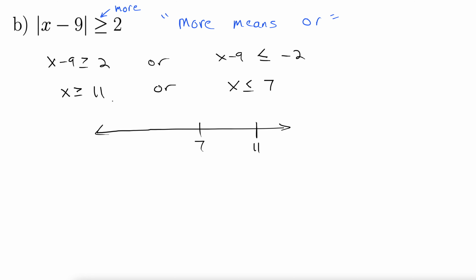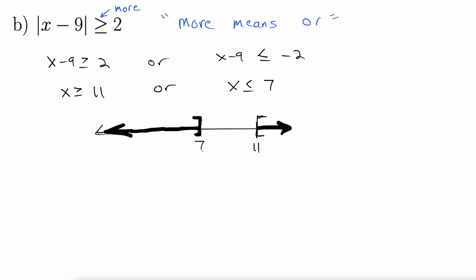It's greater than or equal to 11, so I'm going to start here with my bracket and go off to the right. And then less than or equal to 7, so I'm going to start with my bracket and go down to the left, and shade it in a little bit. The 7 goes down towards negative infinity.